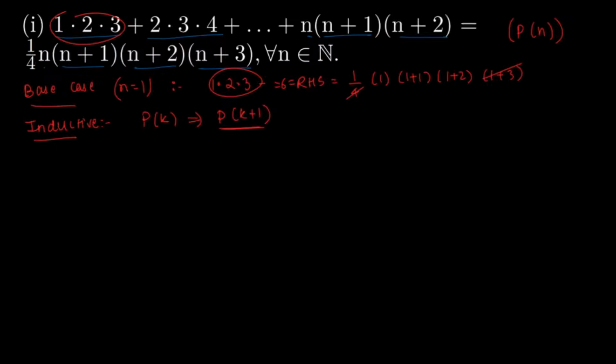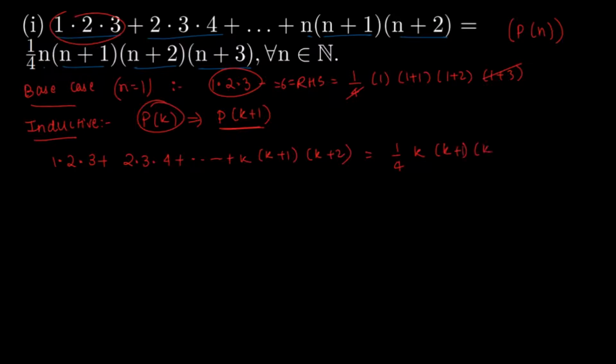So P of k plus 1, the left-hand side in that statement would be 1 times 2 times 3 plus 2 times 3 times 4 dot dot dot times k plus 1 times k plus 2. This is from P of k. We know that we have assumed this to be equal to 1 over 4 times k plus 1 times k plus 2 times k plus 3.